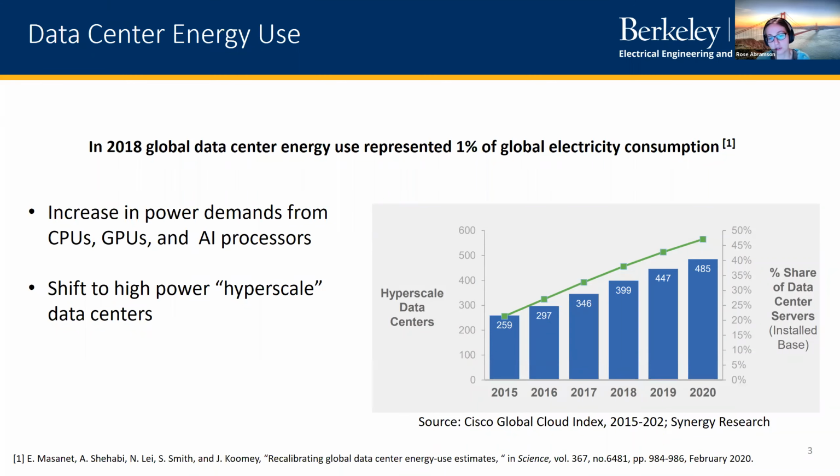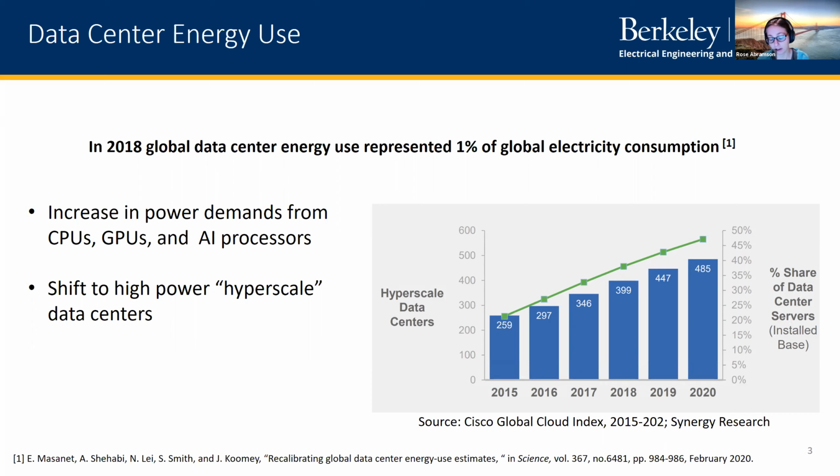As we are using more and more things like high-powered CPUs and GPUs and going towards cloud computing and AI processing, we have higher and higher demands for data center usage. And also the industry is shifting towards these so-called hyperscale high-power data centers, which are very large data center applications.